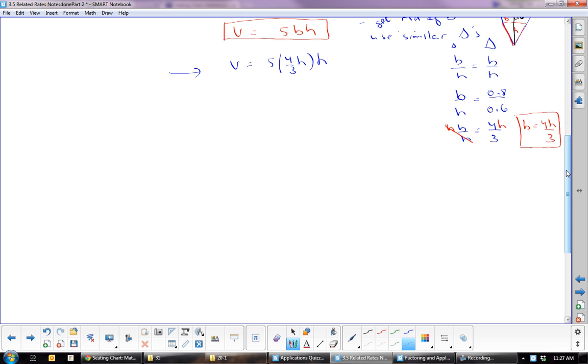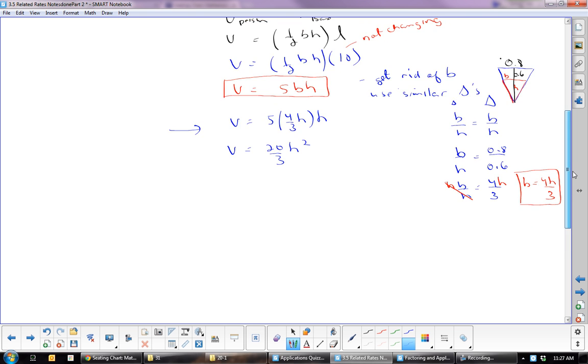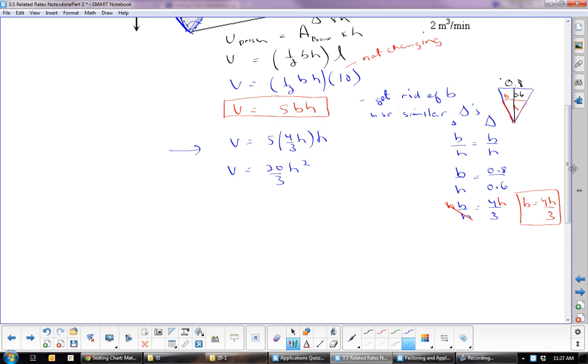And you always got to think, well, what do they want, right? So this is V equals 20 over 3 H squared. Whenever you have similar triangles, they're in ratio to each other. They have to be, right? Like 0.8 to 0.6, they will keep that same ratio all the way down.